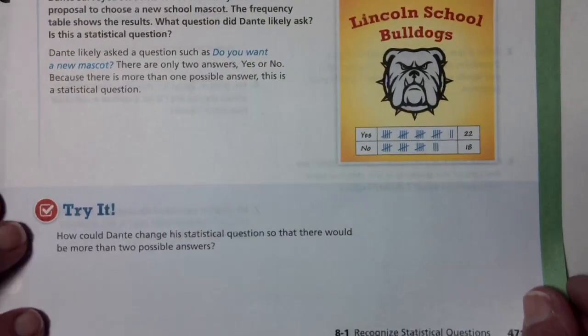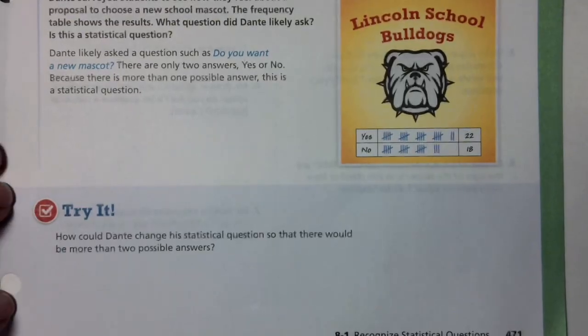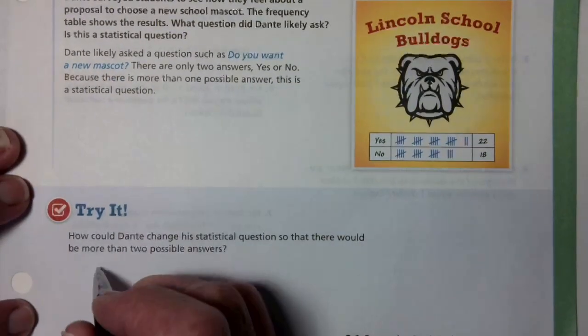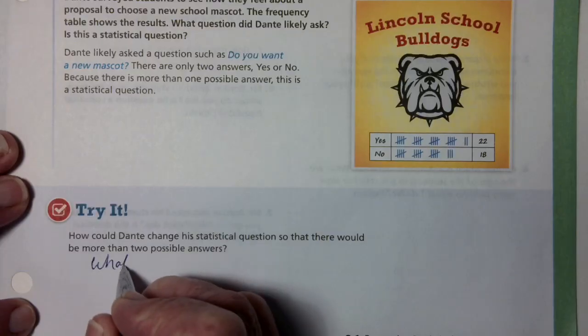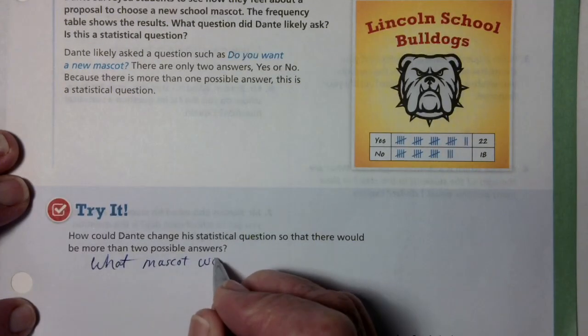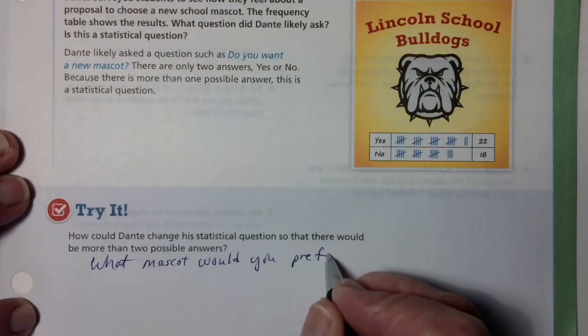How could Dante change his statistical question so that there would be more than 2 possible answers? Okay. I know you're thinking. So they could just say, what mascot would you prefer?